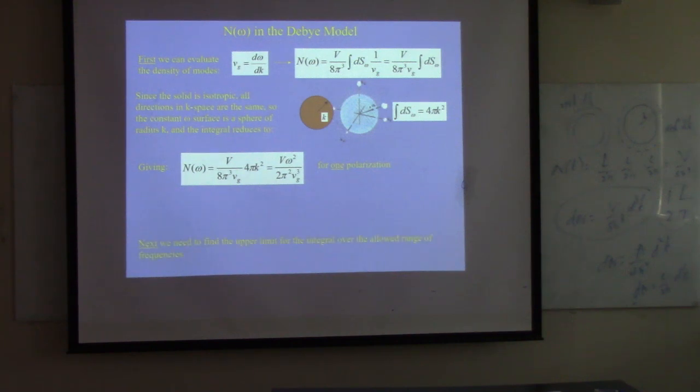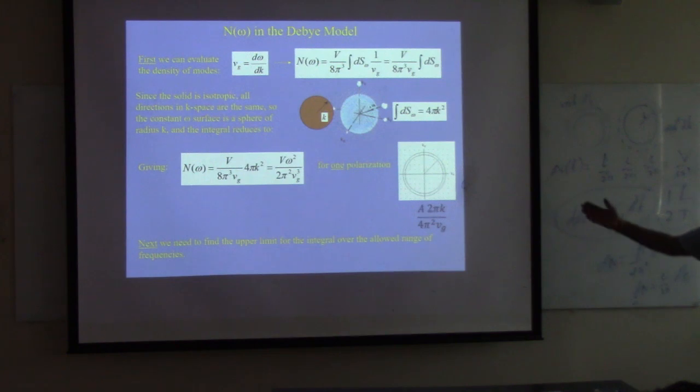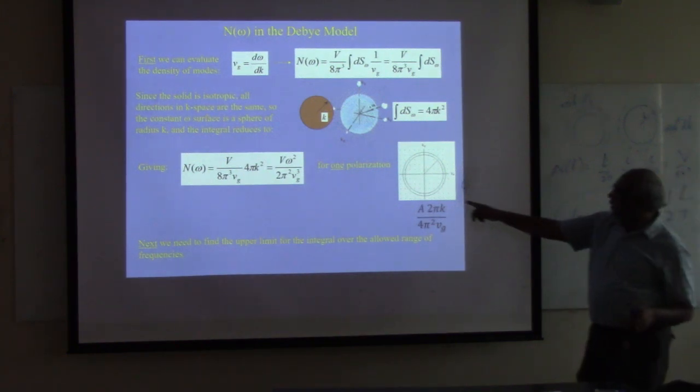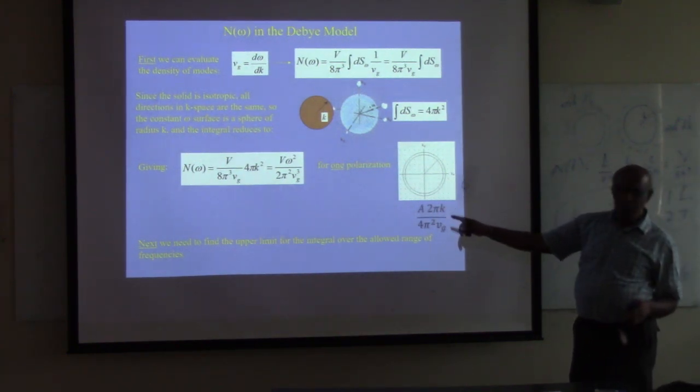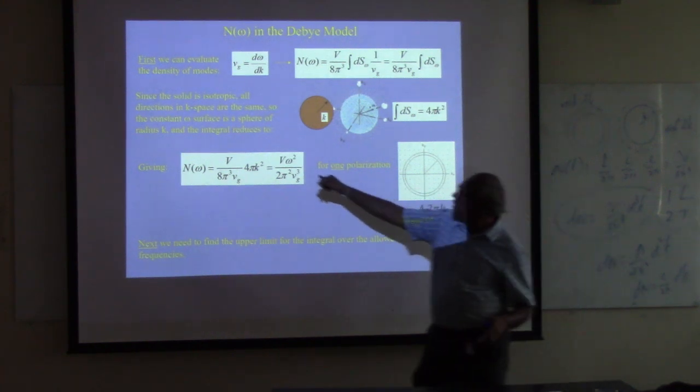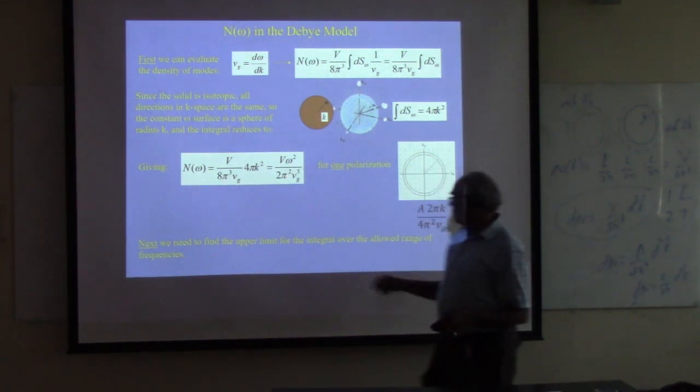Okay, that's all. So now if you know n omega, from here, I just wrote what you will get if you had a two-dimensional case. I hope you can understand this one. Two-dimensional case, this will become A, right?